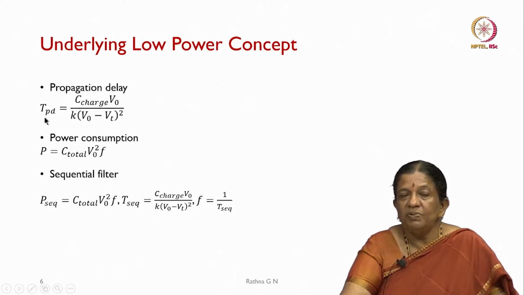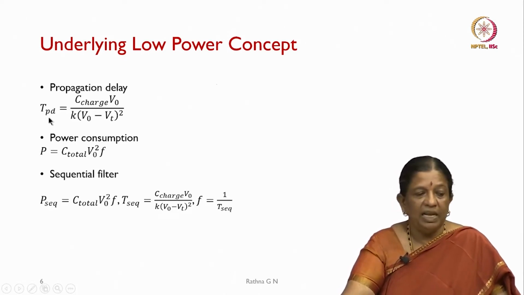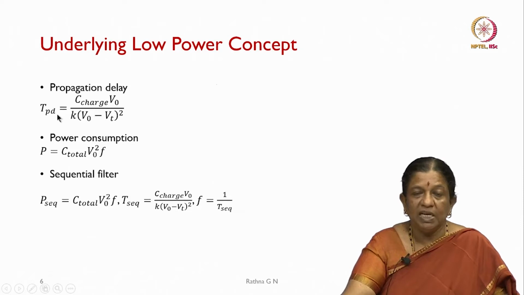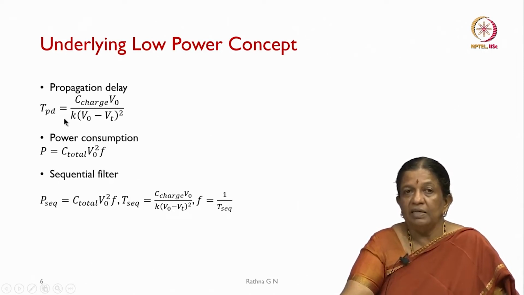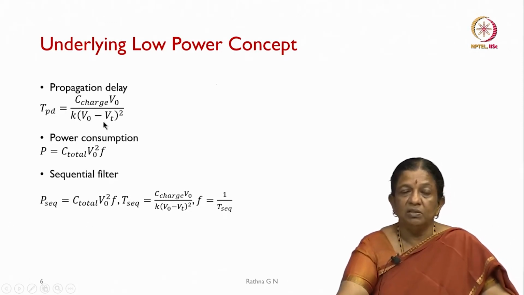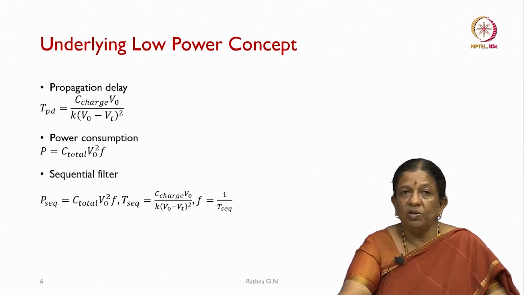Then our propagation delay PD is given by C charge, basically my capacitor charging time, and V naught the input voltage, and K is a constant because this is proportional to, we are assuming K, and V naught is our input voltage and Vt is the threshold. We know that in a CMOS circuit we have a threshold unit.